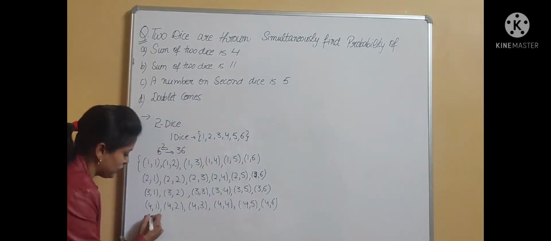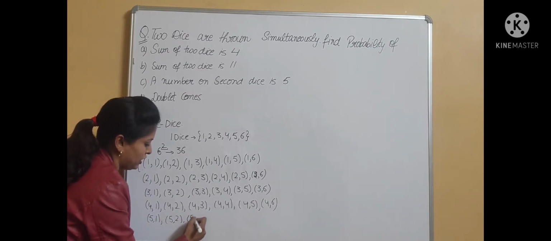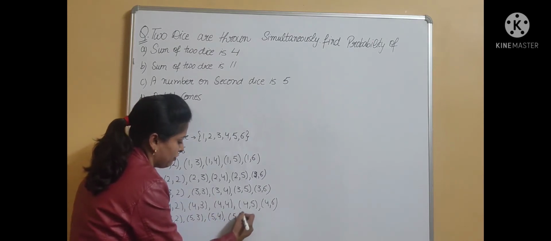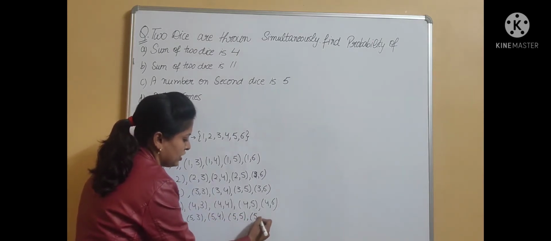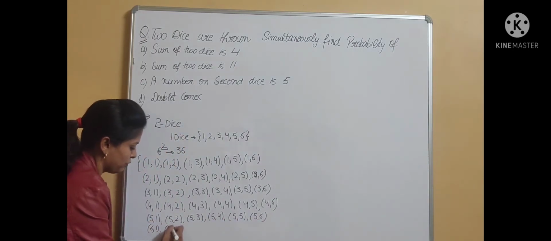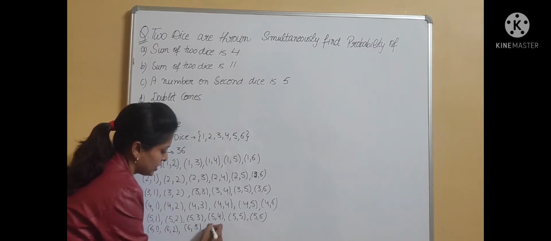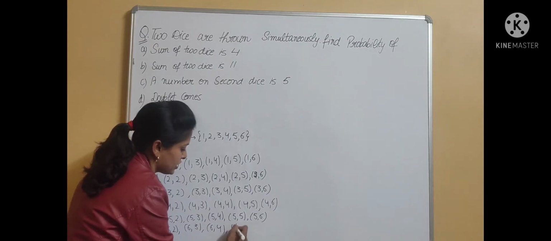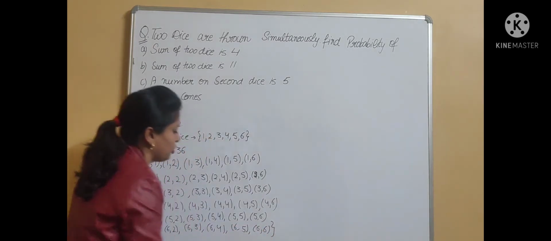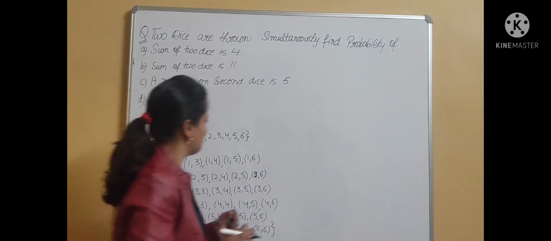Next case, 5 comes on the first die: 5 1, 5 2, 5 3, 5 4, 5 5, 5 6. In the next case, 6 1, 6 2, 6 3, 6 4, 6 5, 6 6 occurs. So these are the total 36 outcomes when two dice are tossed.